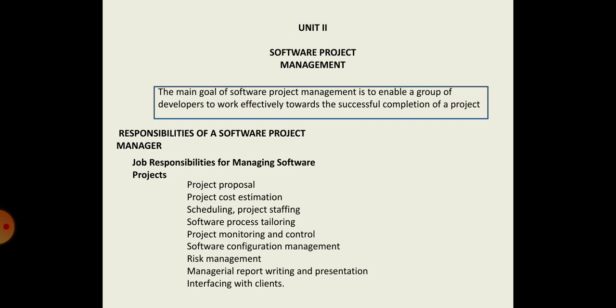Anyone from the software development team may assume the responsibilities of the software project manager. So we start with a discussion on the scope of the work responsibilities of a project manager, and then the planning activity and the organization of the project plan document.